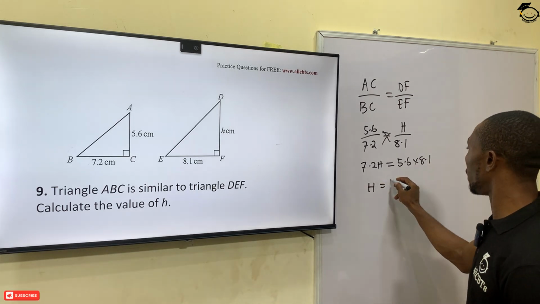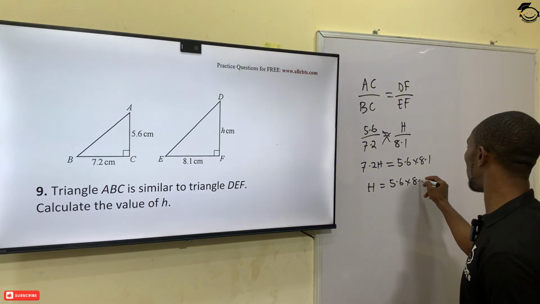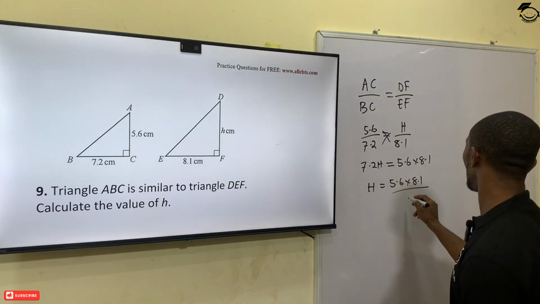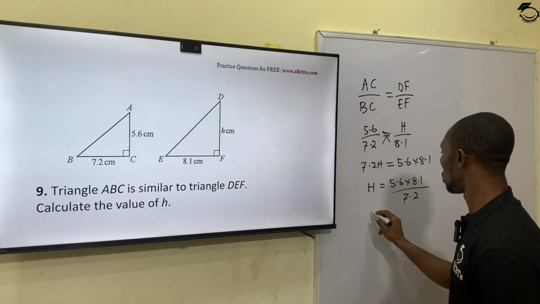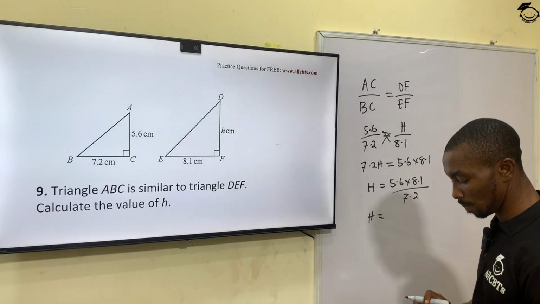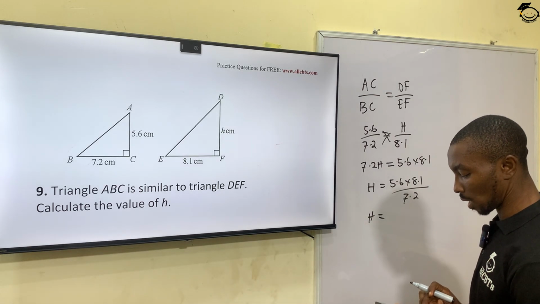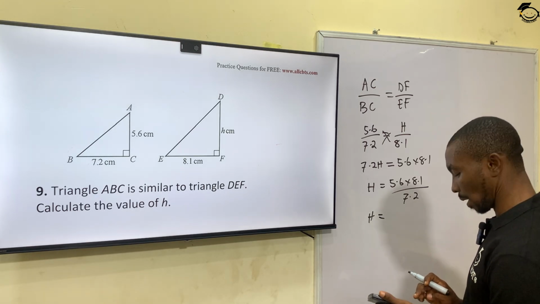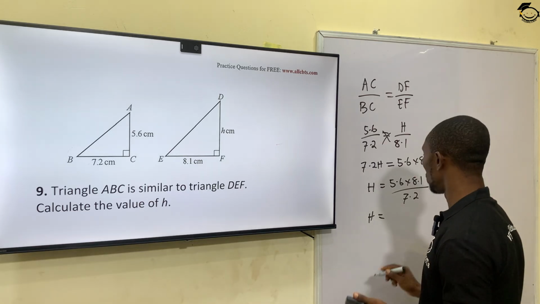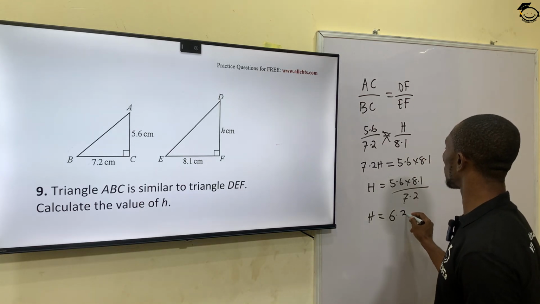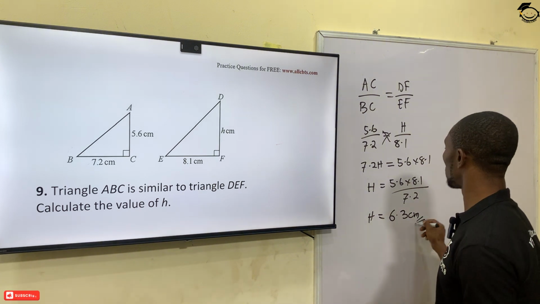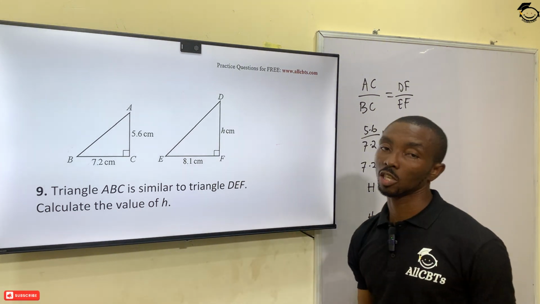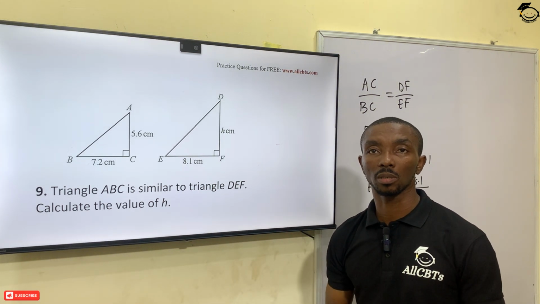So H would be 5.6 times 8.1 all over 7.2. So our value of H will be 6.3 centimeters.